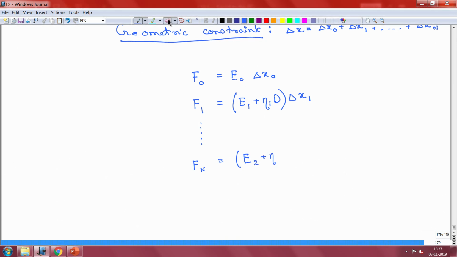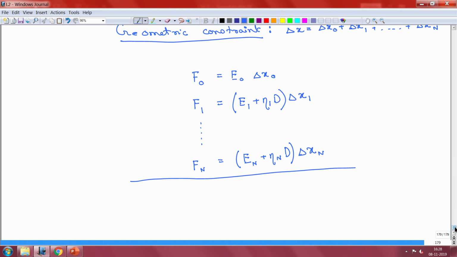Sorry, the subscript here would be capital N: E N plus eta N d, into delta x capital N. So, these are all the different equations that are there.